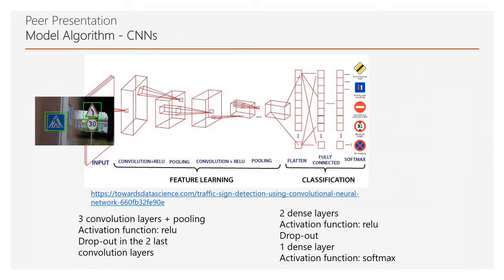For the convolutional neural network, I created a model with 3 convolutional layers with a ReLU activation function. Each convolutional layer was followed by a max pooling layer to speed up training. I also added dropout on the second and third convolutional layers to prevent overfitting. These convolutional layers had the mission of learning the features that are critical for the model.